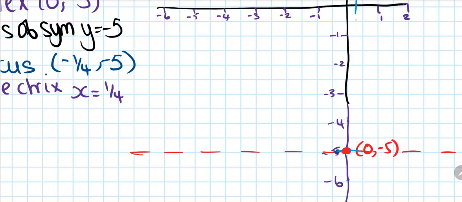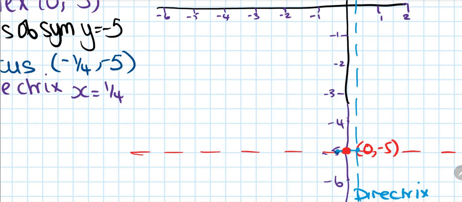So that is going to be this line down here. So this is the directrix. We said that this is at equal distance, so this is equal to 2p.